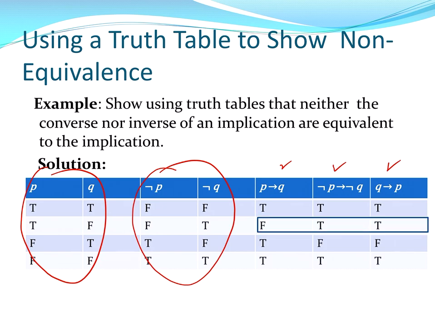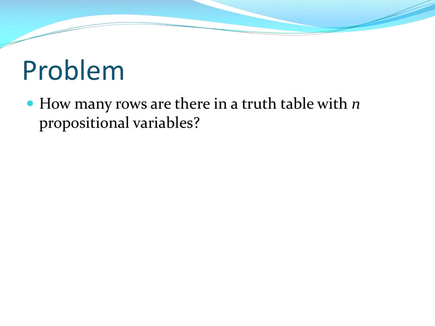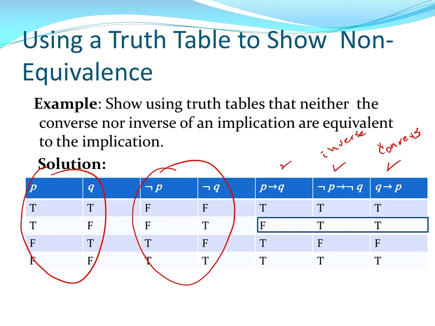And note that they do not have the same truth values as the original implication, so they are different from it. But you can also note that the converse and the inverse have the same truth tables, so they are equivalent to each other.